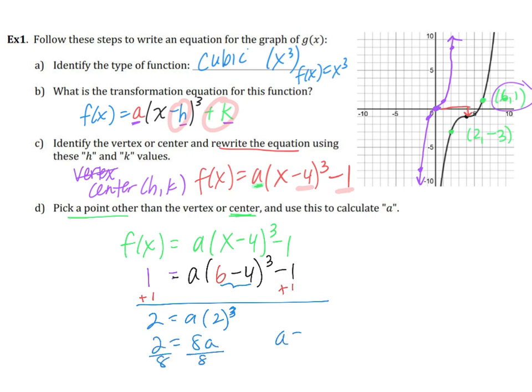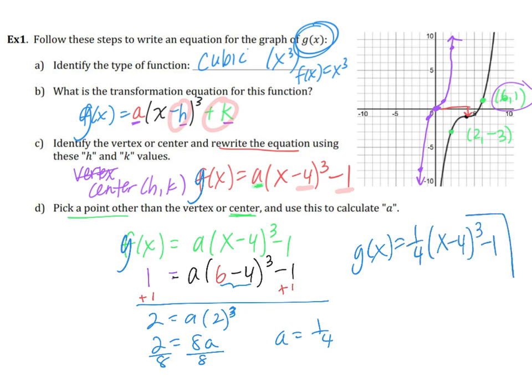Divide by 8, so a equals 1/4. So my final function, and I see here it should be all g of x's, apologies, would be g of x equals 1/4 times x minus 4 cubed minus 1.